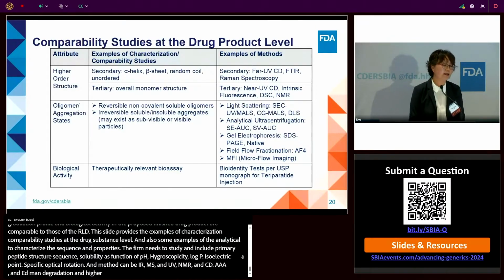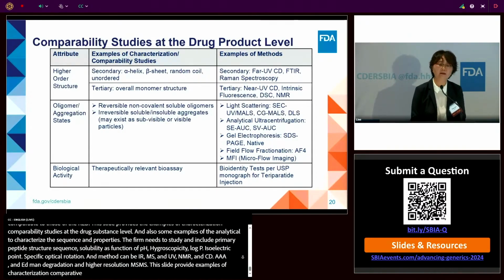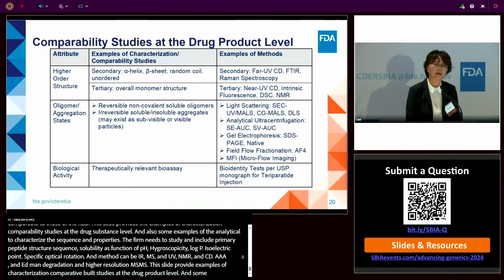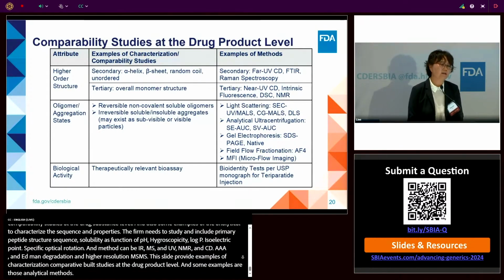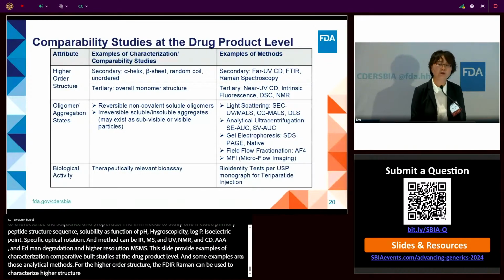These slides provide the examples of characterization comparability studies at the drug product level and some examples of those analytical methods. For the higher order structure, the far UV CD, FTIR, Raman can be used to characterize the secondary structure. Near UV CD, intrinsic fluorescence, DSC, NMR can be used to characterize the tertiary structure.